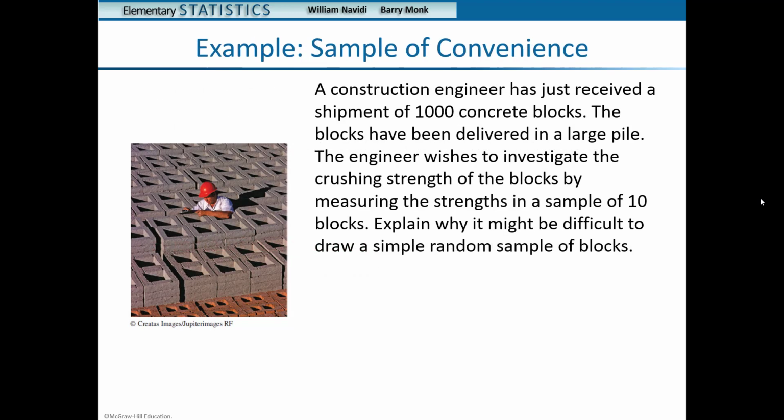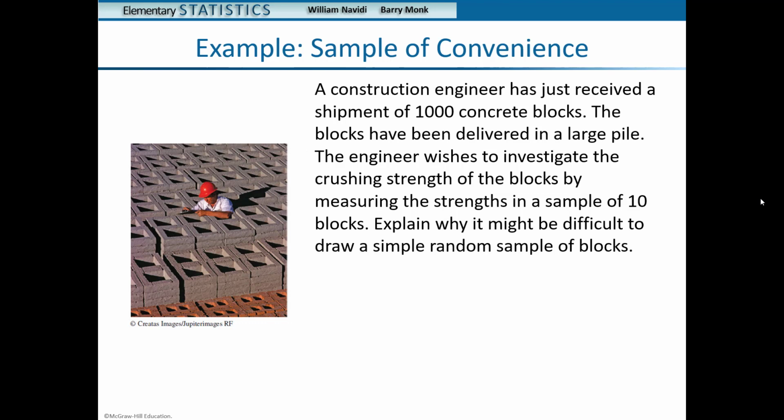So to illustrate an example of what a sample of convenience might look like, let's say we have a construction engineer who has just received a shipment of 1,000 concrete blocks. The blocks have been delivered in a large pile. The engineer wishes to investigate the crushing strength of the blocks by measuring the strengths in a sample of 10 blocks.